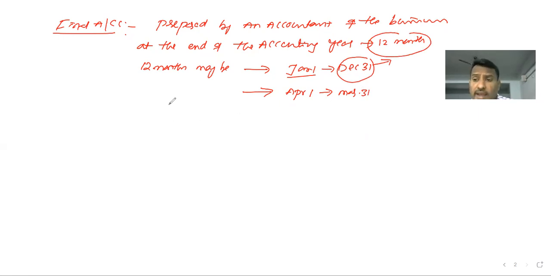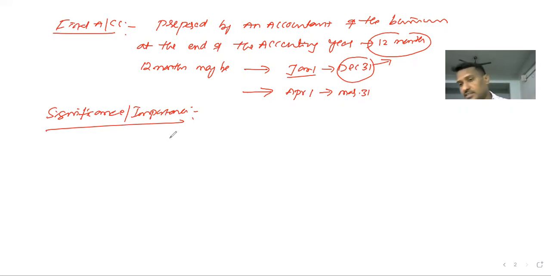Why are these prepared by the businessman? What is the significance of the final accounts? Significance means the importance of the final accounts. Why does the businessman prepare them? Final accounts are prepared for two reasons.